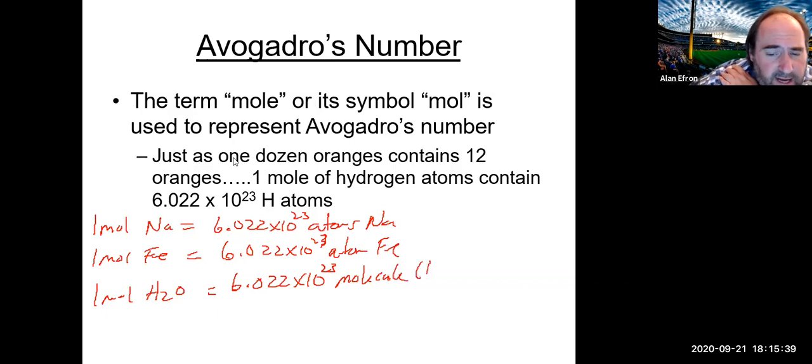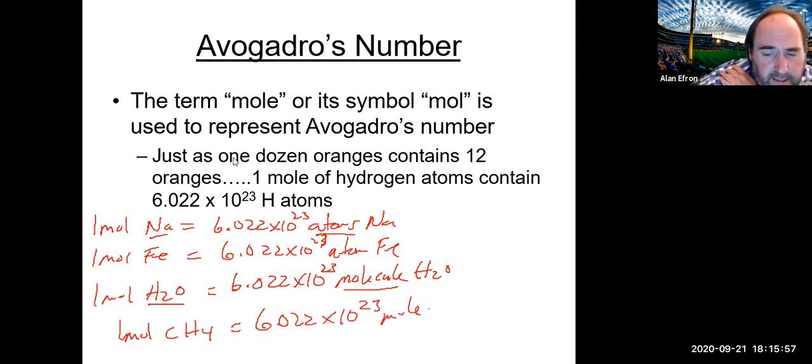We used not atoms here, but molecules because water is a molecule, as opposed to here we used atoms because we're talking about an atom of an element. If I had 1 mole of CH4, I would also have 6.022 times 10 to the 23 molecules of CH4. So you could apply Avogadro's number to an atom of an element by itself.